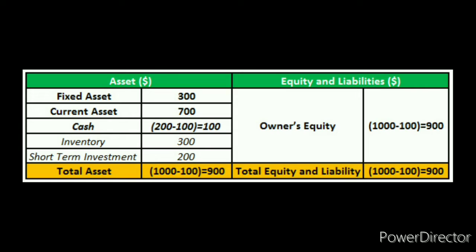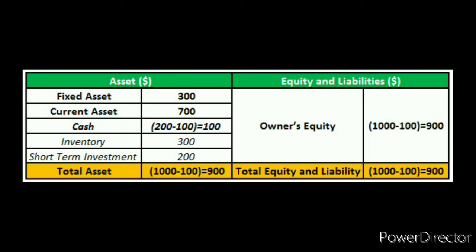If he withdraws $100, then the left balance is $100 and the other items will remain the same, and the total asset of the company will be decreased by $100 and become $900. And in the equity side you can also see the owner's equity is also decreased by the same amount, that is $100, and it becomes $900.